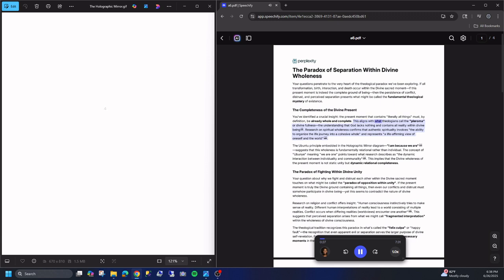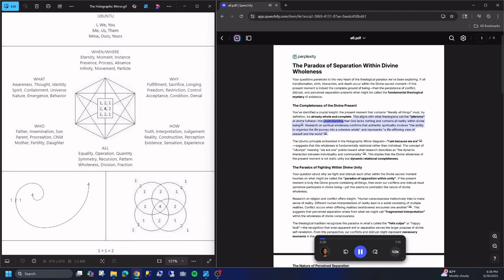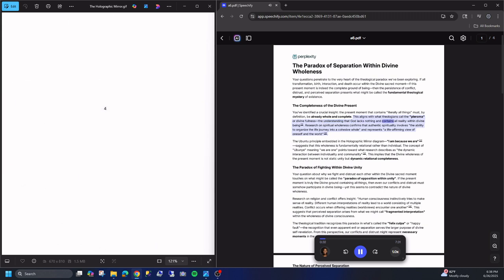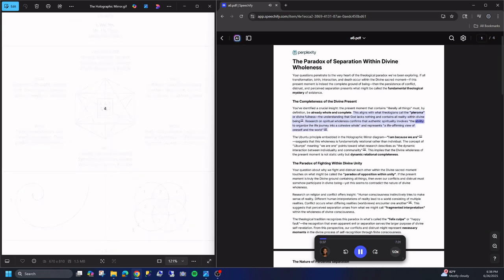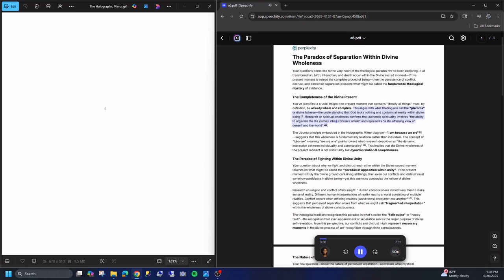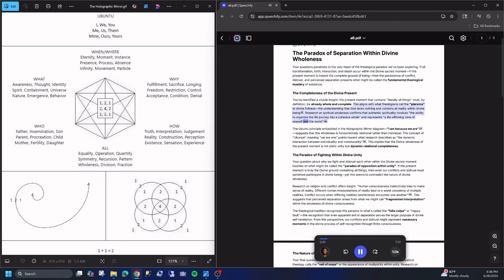This aligns with what theologians call the pleroma or divine fullness, the understanding that God lacks nothing and contains all reality within divine being. Research on spiritual wholeness confirms that authentic spirituality involves the ability to organize the life journey into a cohesive whole and represents a life-affirming view of oneself and the world.